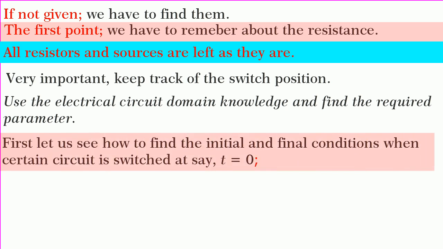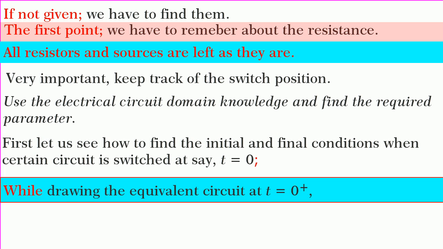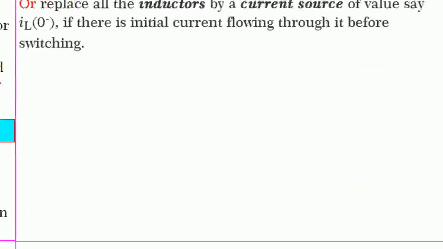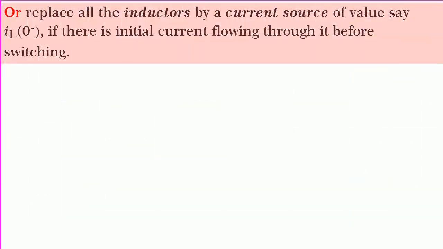First, let us see how to obtain the initial conditions when a certain circuit is switched at t equal to 0. While drawing the equivalent circuit at t equal to 0 plus, replace all the inductors by open circuit if there is no initial current through it. If there is an initial current, say I0, present before the switch is closed, then replace it by a current source of I0 amperes.